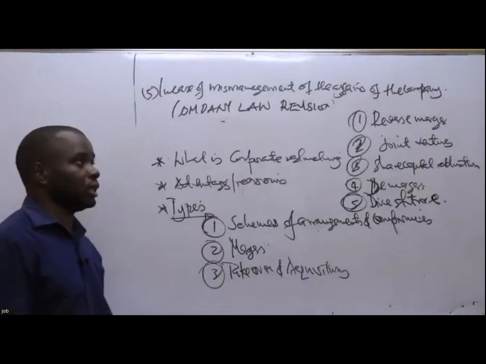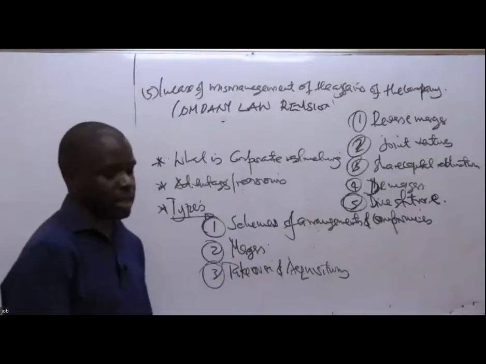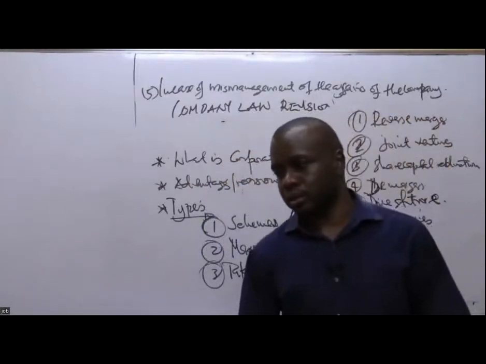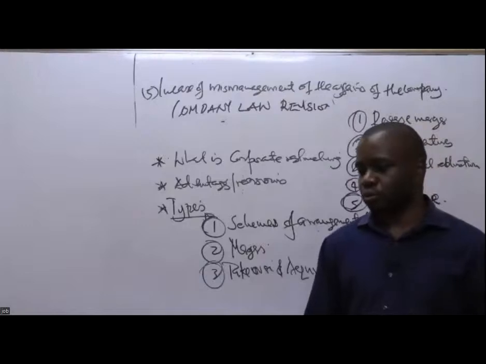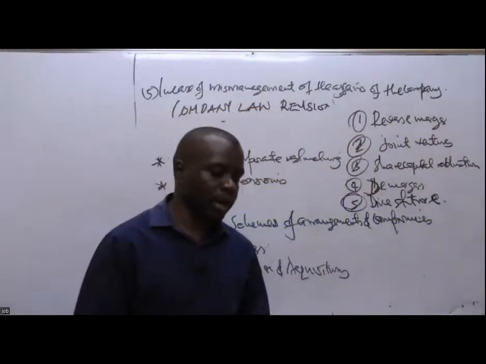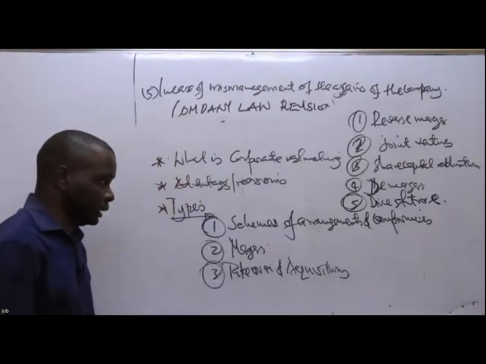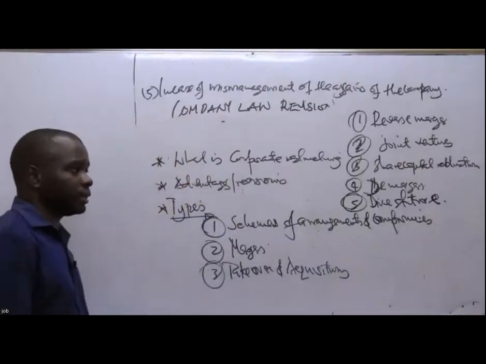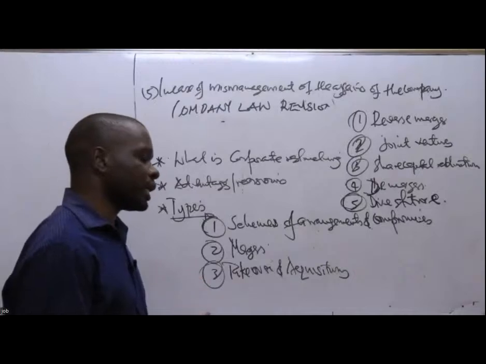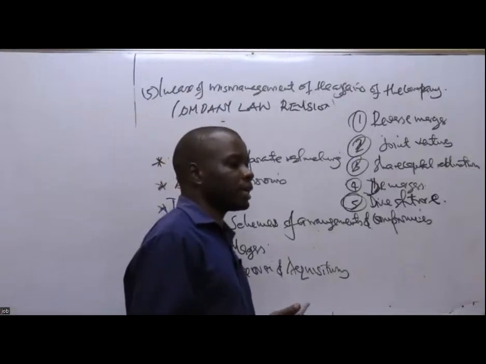This question has been tested in a past paper. Define a reverse merger. What are the advantages of a reverse merger? So you can't afford to not know about a reverse merger. It is simply where shareholders in a private company decide to convert their interest, as business owners, by acquiring an already existing shell public company.